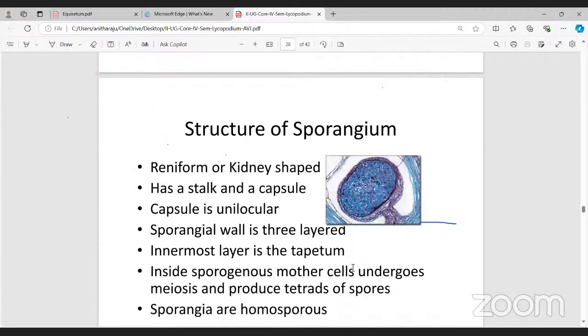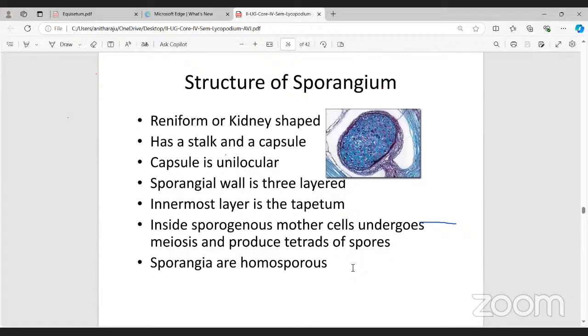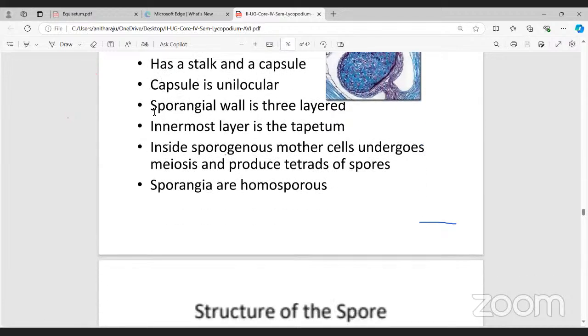Now, sporophyll is completed. Structure of sporangia. If you take the sporangium, it is reniform or kidney shaped, with a stalk and capsule. The capsule is unilocular. The sporangial wall is three layered. The innermost layer acts as tapetum. Let's draw a simple diagram.